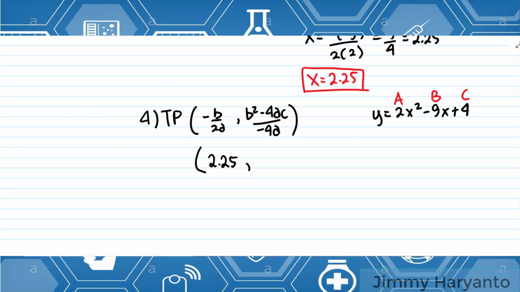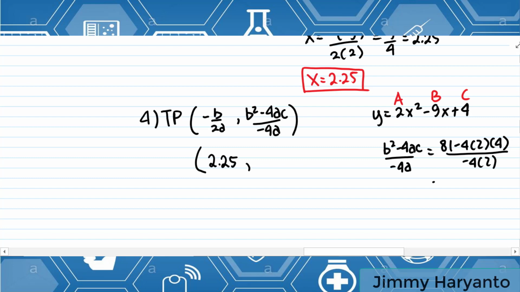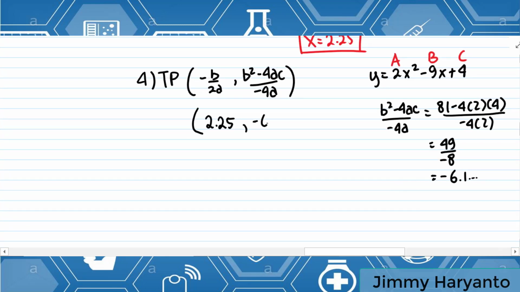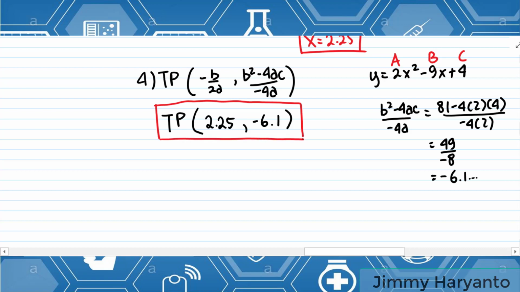Then you put into b squared minus 4ac over negative 4a. So 81, negative 9 squared, 81 minus 4 times 2 times 4, over negative 4 times 2. The result will be 49 over negative 8. If I convert it into decimals, it will be negative 6.1 something. So the turning point will be (2.25, negative 6.1 something). We already got the turning point, which is the same as the minimum point, maximum point, or extreme point.